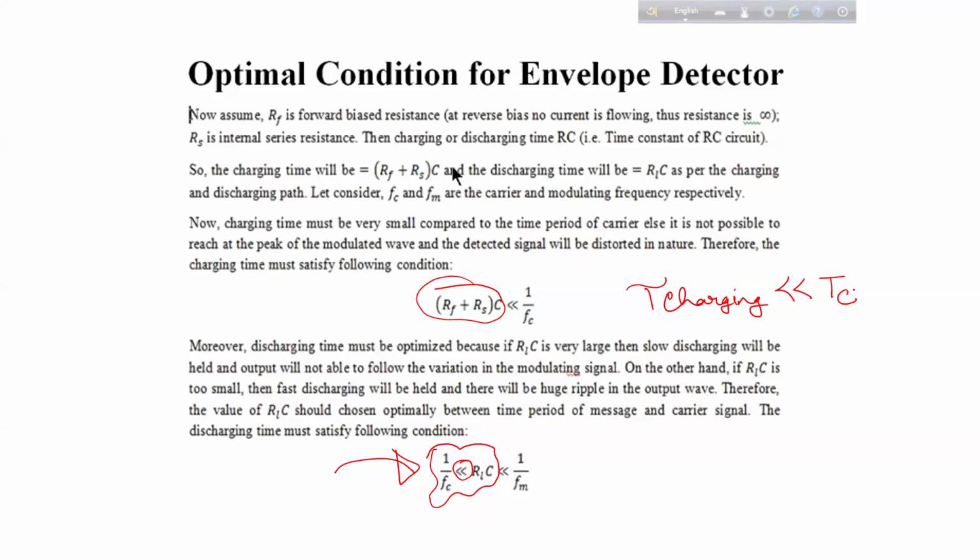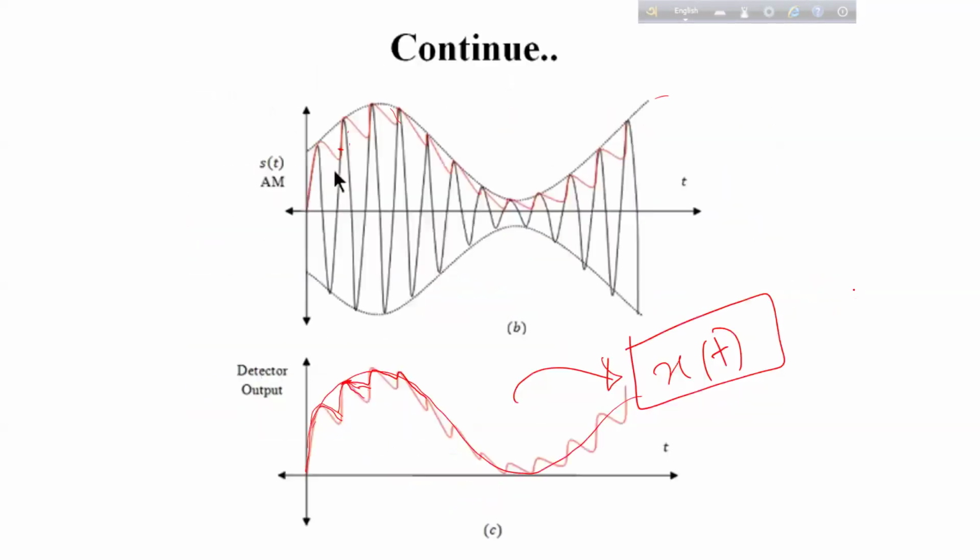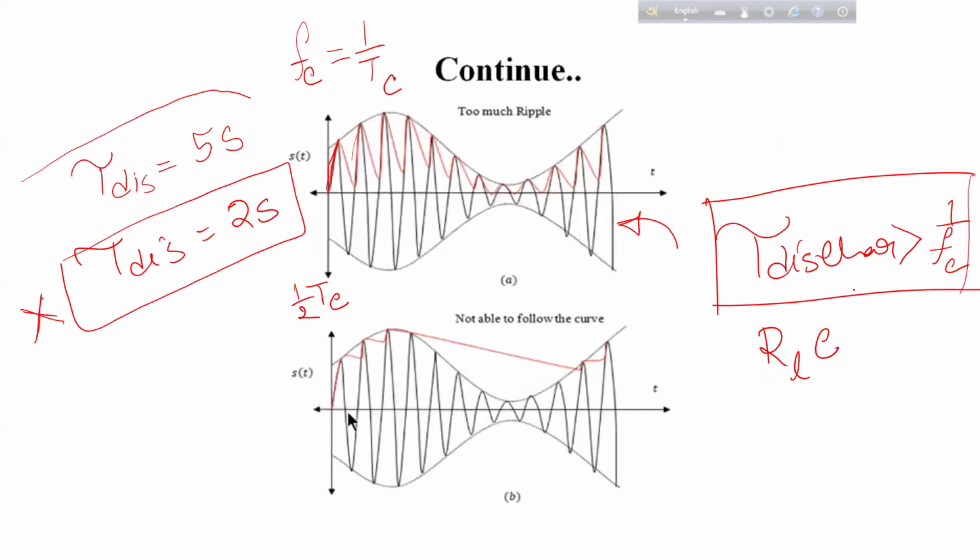Now Tc is the time period of the carrier in the modulated wave. So this charging time should be less than the time period of this modulated wave. Otherwise it will charge very slowly, like this. So we want to charge this along with the positive peaks of the modulated wave.